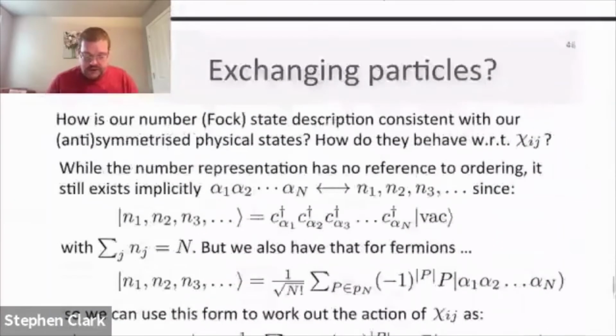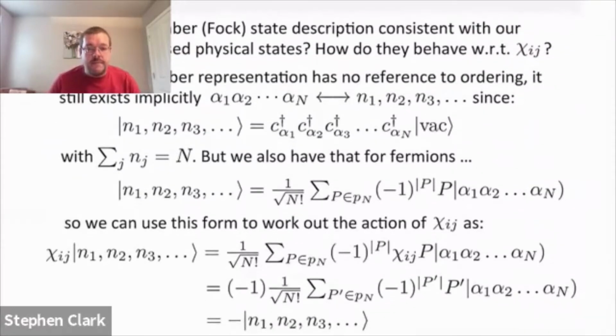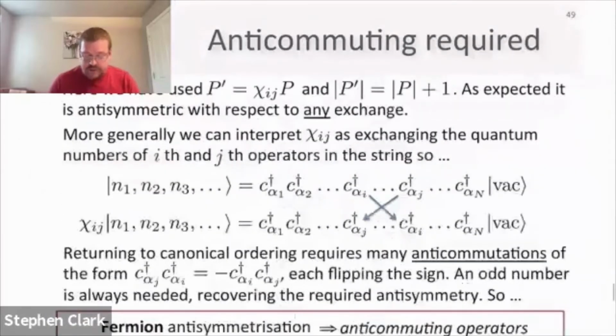I'm not going to go through this. This is just linking the number representation to the previous representation we had in terms of explicit numbers, particles being in specific states. And it confirms that if you apply the exchange operator on a number representation, it's just exchanging the ith and jth creation operator in the string that creates the state.